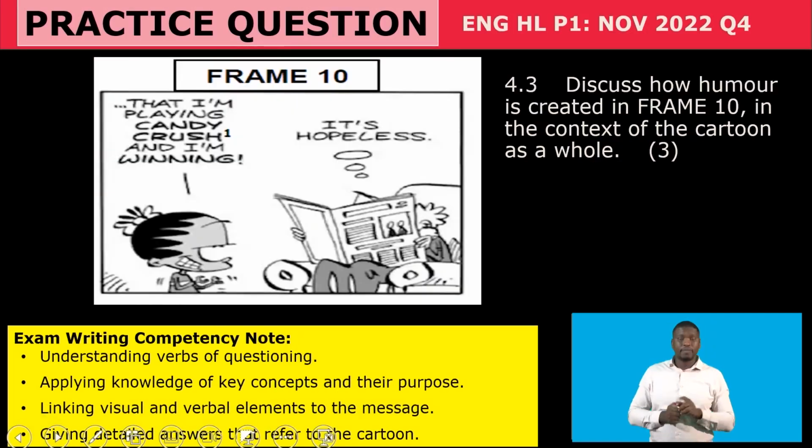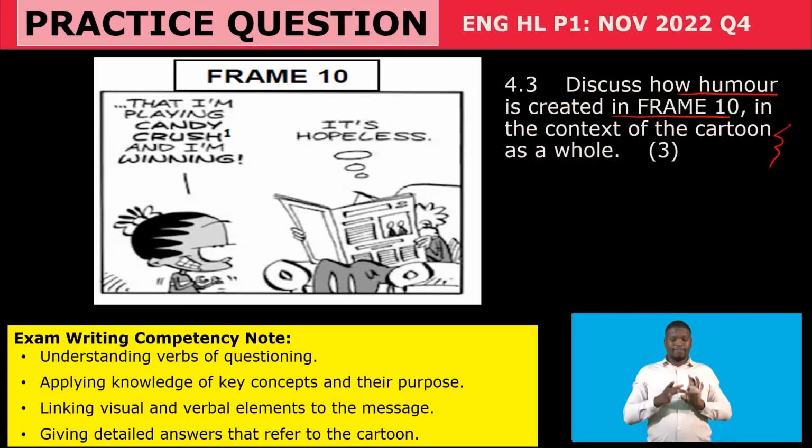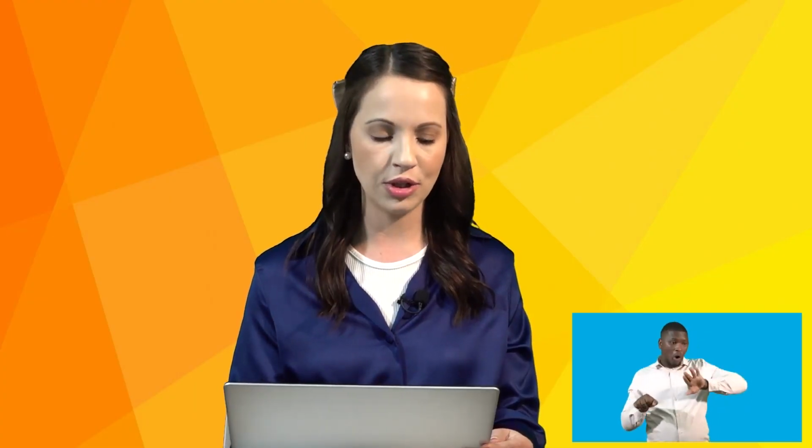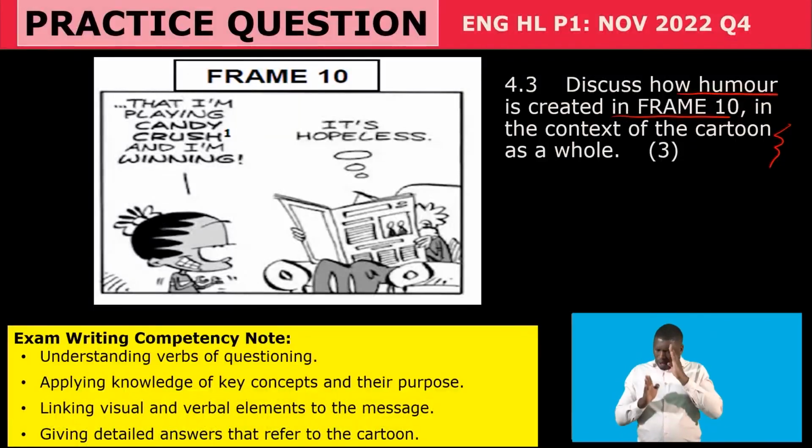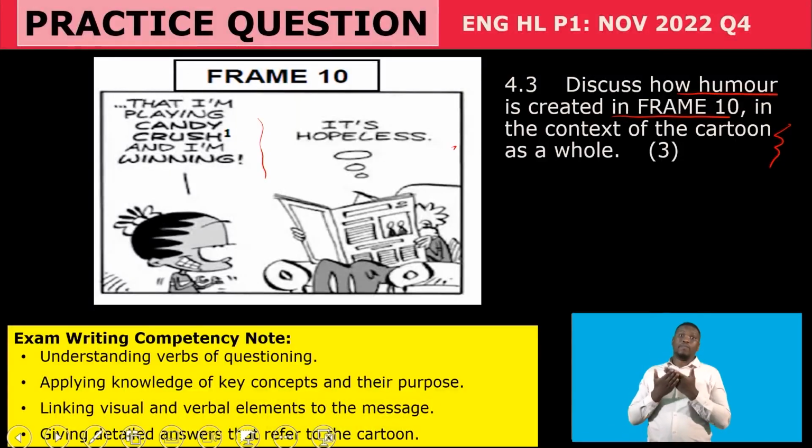Then question 4.3, discuss how humor is created in frame 10 in the context of the whole cartoon. So again, your focus should be frame 10, but you must also take into consideration the entire cartoon. That I'm playing Candy Crush and I'm winning, and then of course it's hopeless.